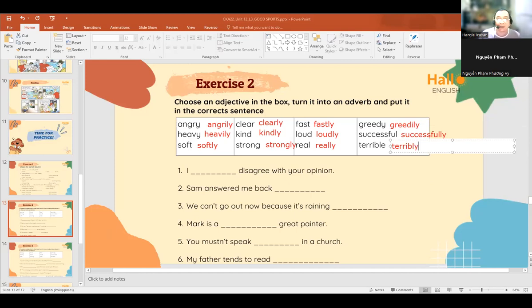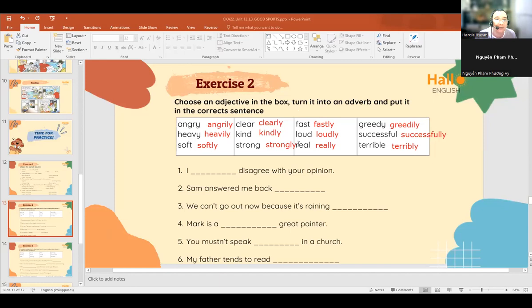Yes, terribly. So we have to change the E into Y. So that becomes terribly, with the ly in it, not the le. So we have now turned the adjectives into adverbs.